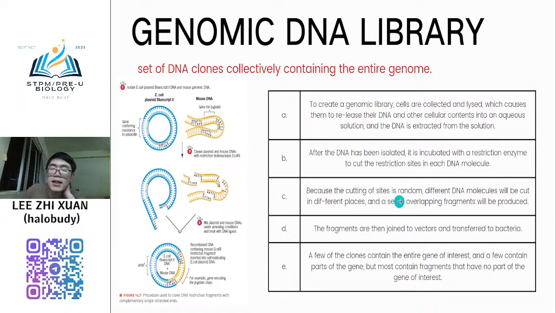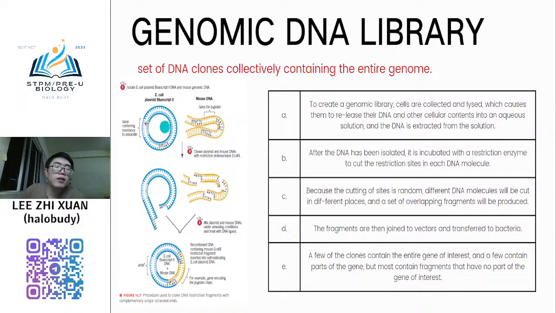Normally the cutting is very random because you don't care what fragments you get. This means that the cutting is random, so different DNA molecules will be cut at different places. So maybe it can produce overlapping fragments. This is one of the advantages of a DNA library.